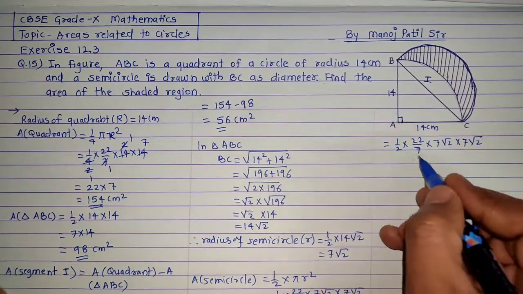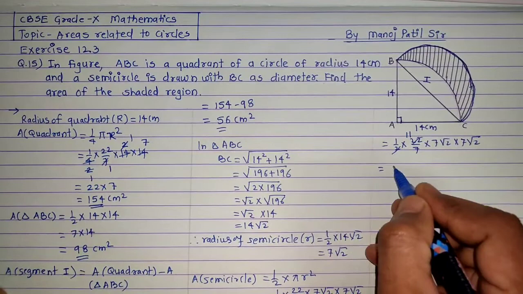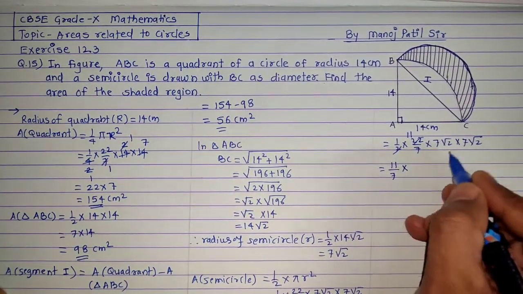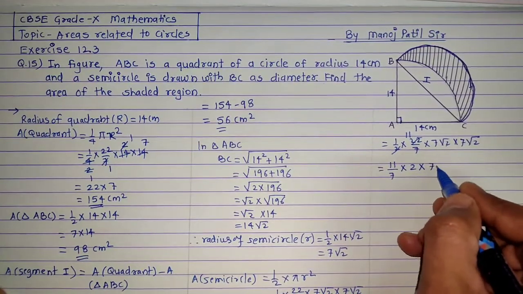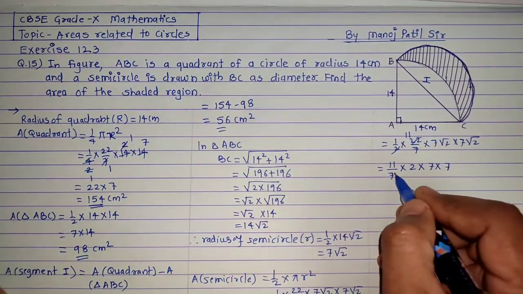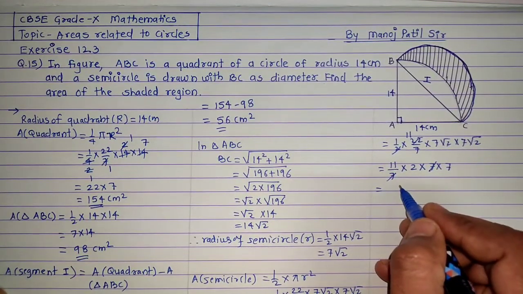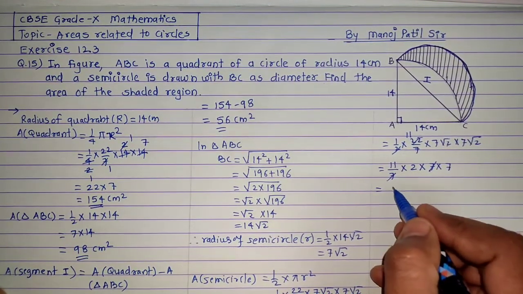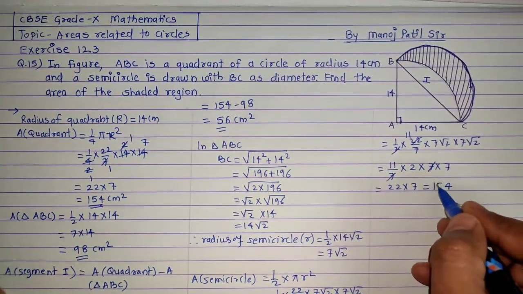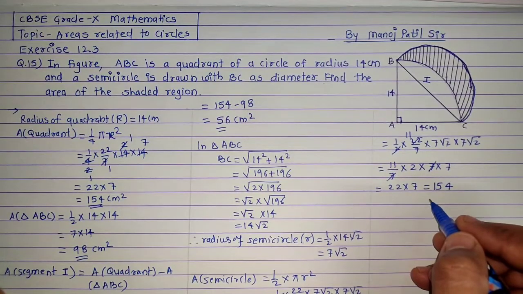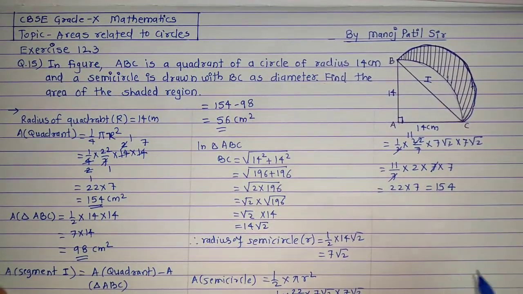So 2 ones are 2, 11 upon 7, root 2 multiplied by root 2 is 2, and here 7 into 7. So this 7 will get cancelled, and we get 22 multiplied by 7, which is 154. So 154 is the area of semicircle.